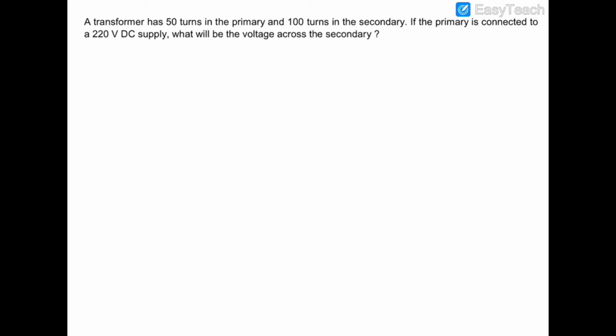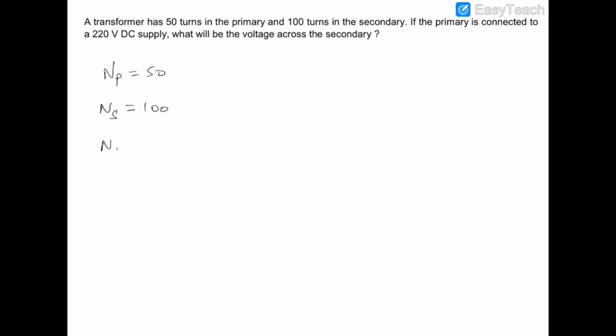In this first question, there is a transformer which has 50 turns in the primary coil. So we can say that the number of turns in the primary coil Np is 50 and the number of turns in the secondary coil Ns is 100.